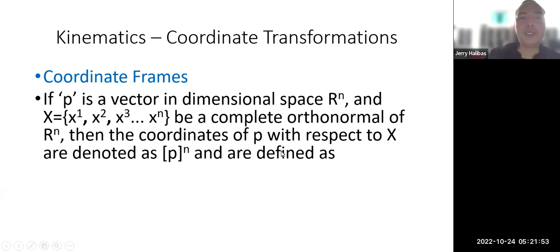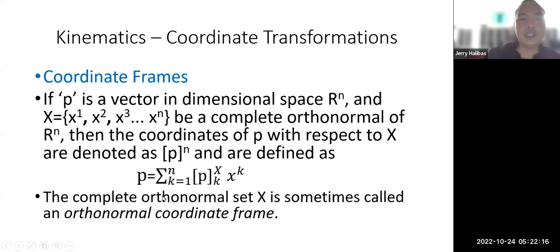Then the coordinates of P with respect to X are denoted as vector P to the n and are defined as such. Just the formula lang. Your P is the summation, not your vector P, no? Times X, no? Kanimong axis.